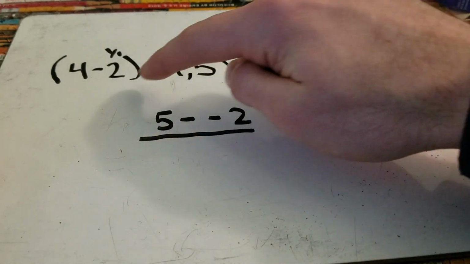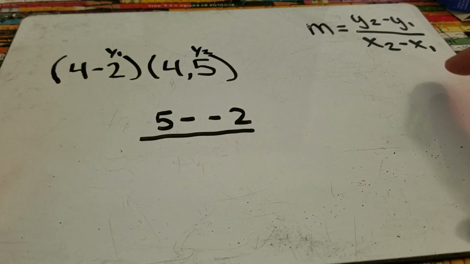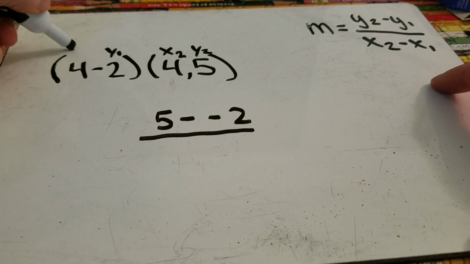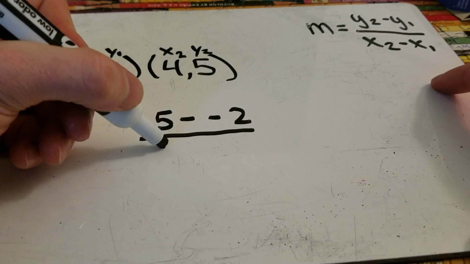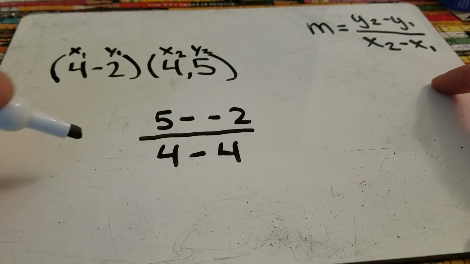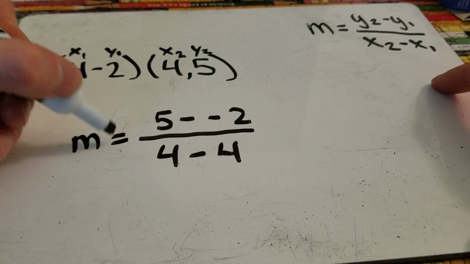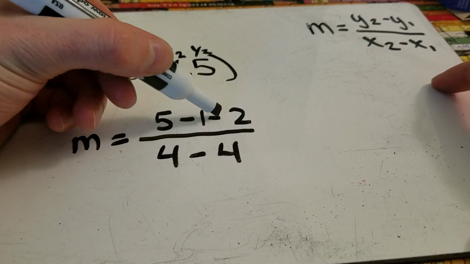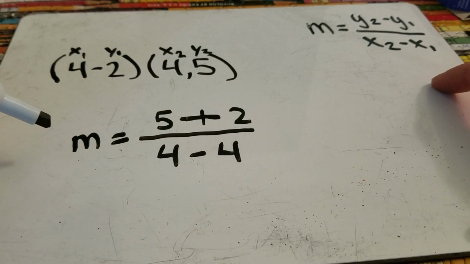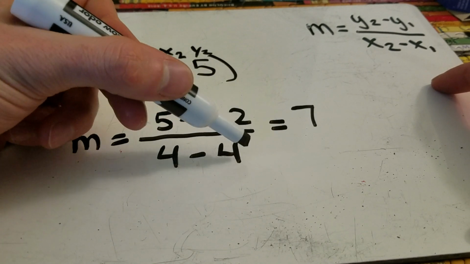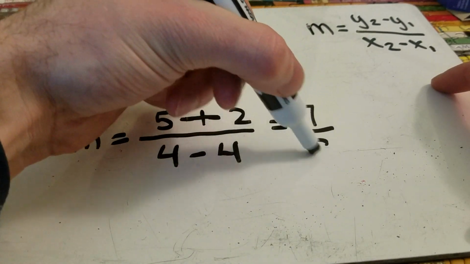On the bottom of the fraction is x2 minus x1, which is 4 minus 4. This is my slope formula. I hope you know this minus negative is going to turn into a plus sign. 5 plus 2 gives me 7, and 4 minus 4 gives me 0.